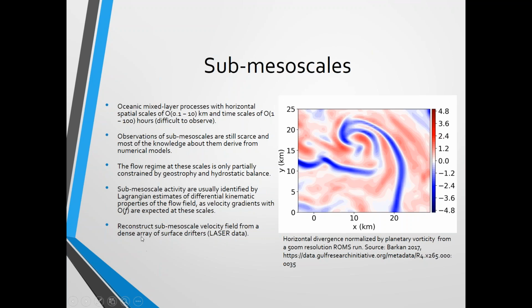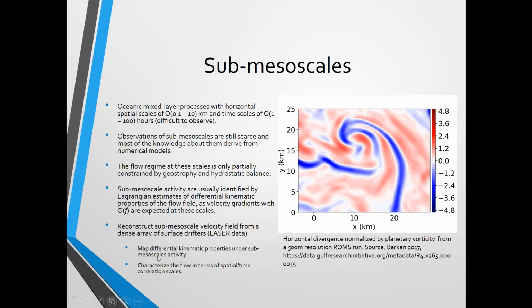And what I want to do here is reconstruct the submesoscale velocity field in an Eulerian frame and compute these quantities from the Eulerian field by finite differences, and see if we can map these features.